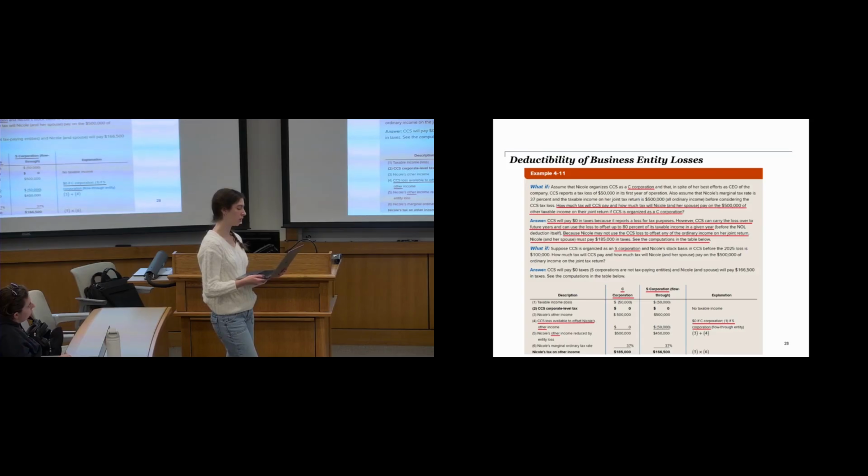So CCS will still pay $0 in taxes because it's an S corp, so it flows through to Nicole, and then she will pay 166,500 in taxes because she's able to offset the 50,000 of losses because it's a flow-through entity. Then she'll only have to pay taxes on 450,000 at her marginal tax rate of 37%.